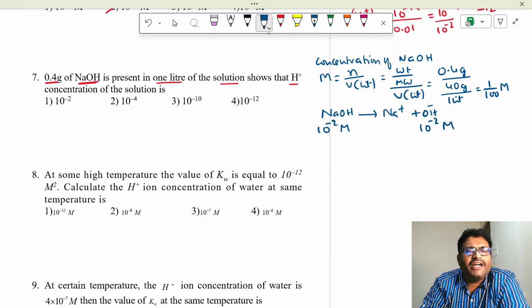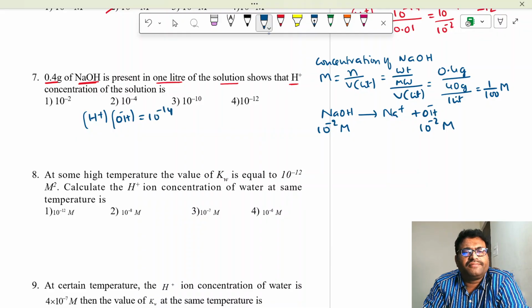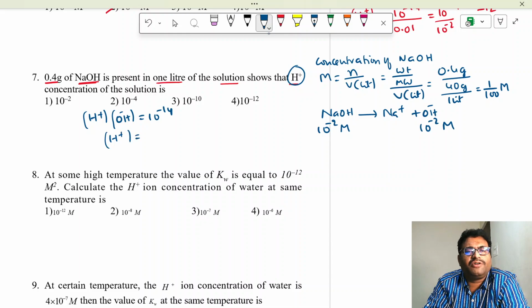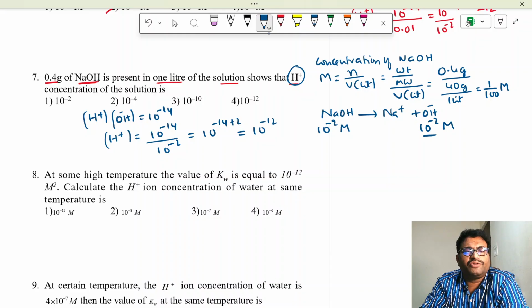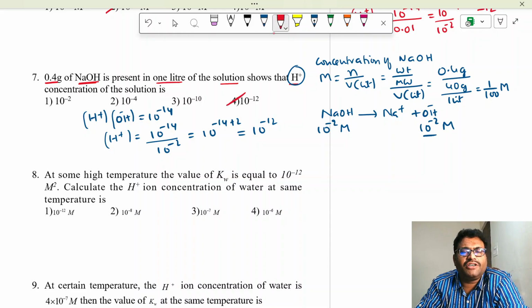And we know that at a particular temperature, H plus ion concentration into OH minus ion concentration is equal to 10 power minus 14. And what is asked? H plus ion concentration. H plus ion concentration is equal to 10 power minus 14 by OH minus, which we have found out to be 10 power minus 2. Then that is equal to 10 power minus 14 plus 2, that is equal to 10 power minus 12. So answer is 10 power minus 12.